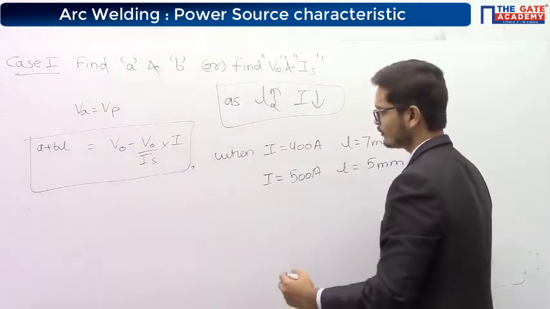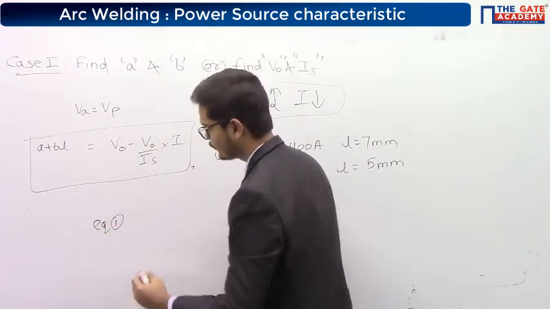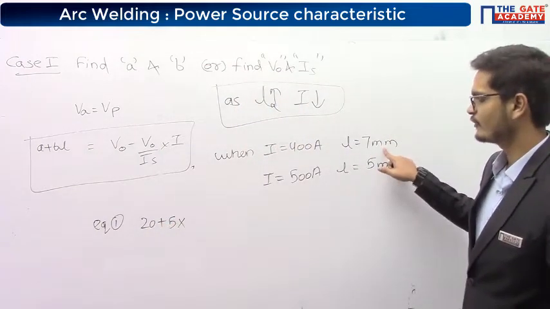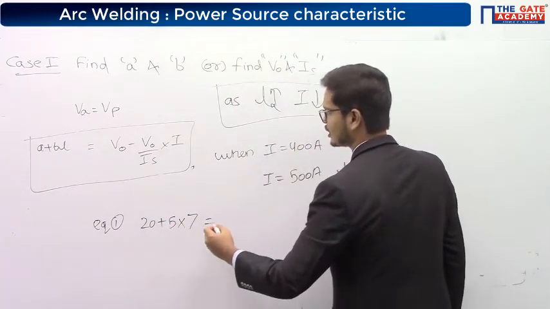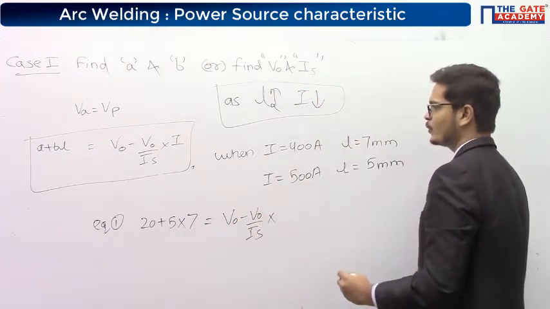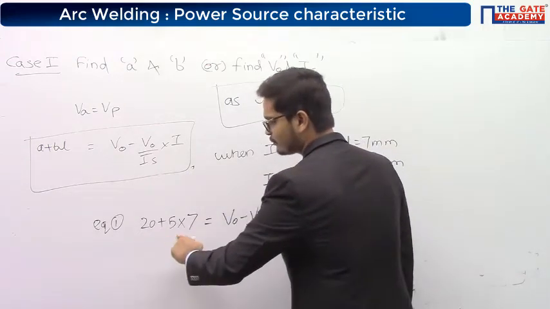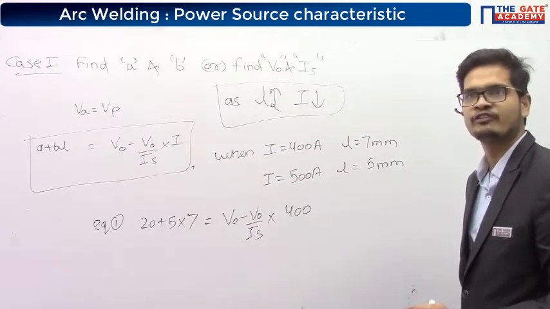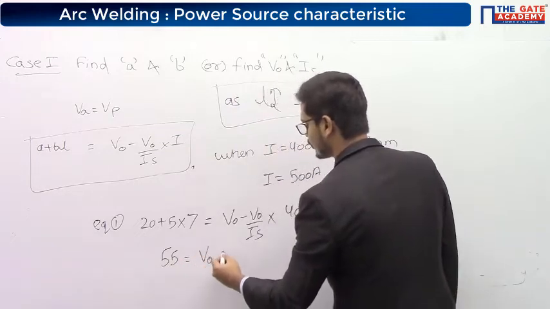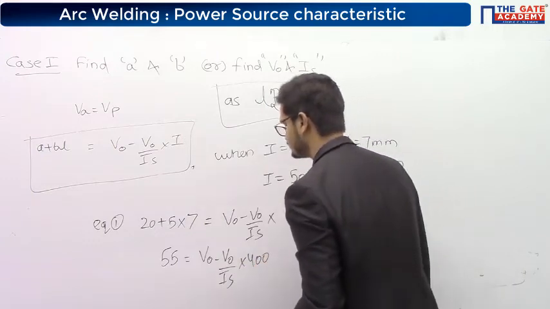Okay. So equation 1 is 20 plus 5 into 7, I am taking, is equal to V0 minus V0 by IS into I, which for this case is 400. So it is 20 plus 35, 55. 55 is equal to V0 minus V0 by IS into 400.